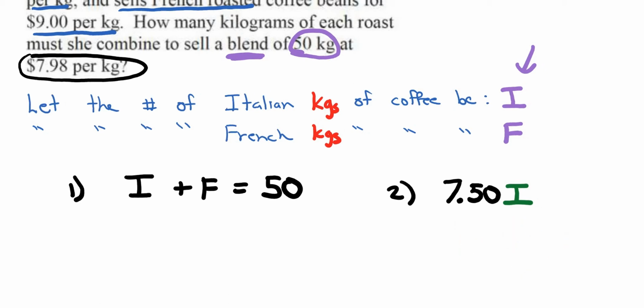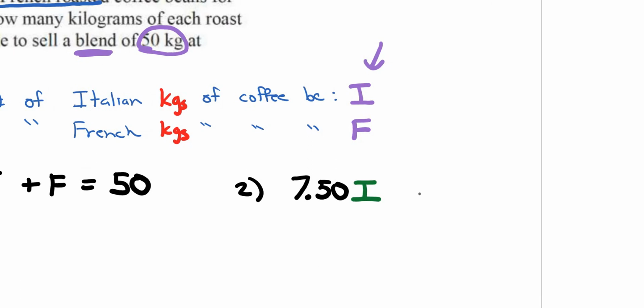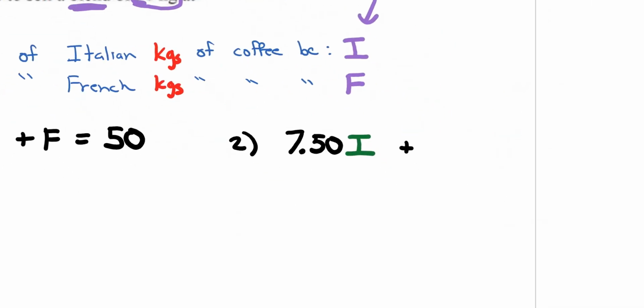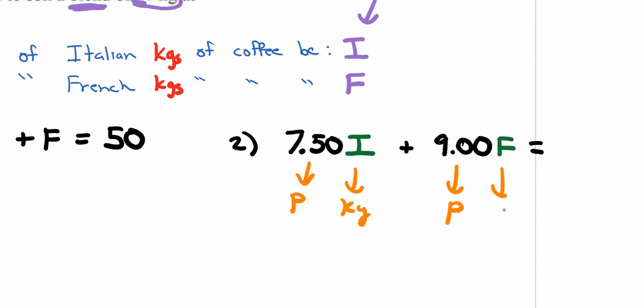Okay, now how do I make the next expression for the French coffee? Well, French coffee in this particular problem costs $9 per kilogram. So this is going to be $9. And I'm going to multiply that by F. If I follow the units here, this is the price, and this is the kilograms, right?